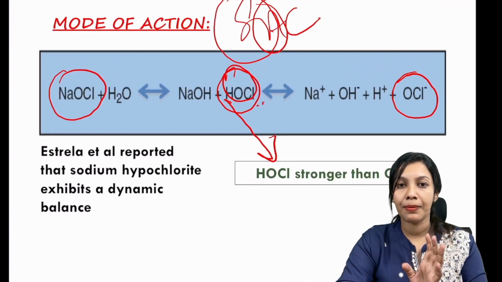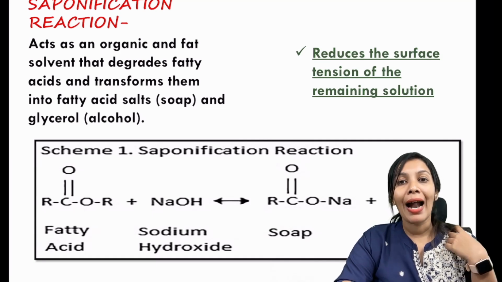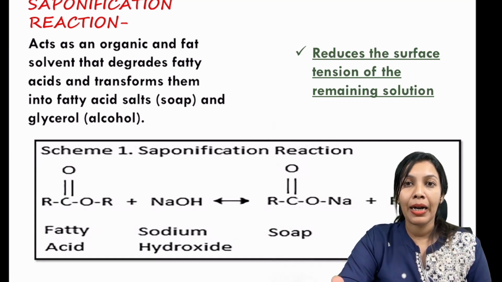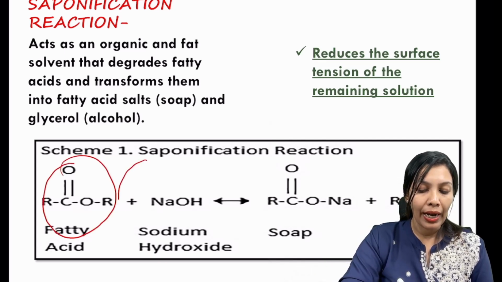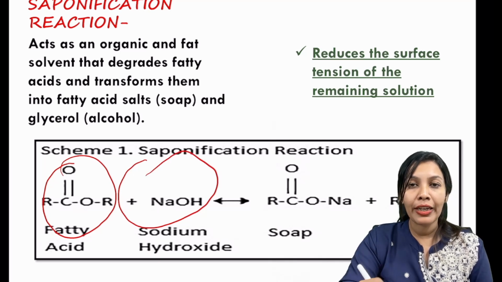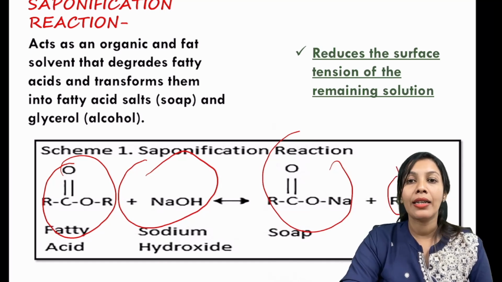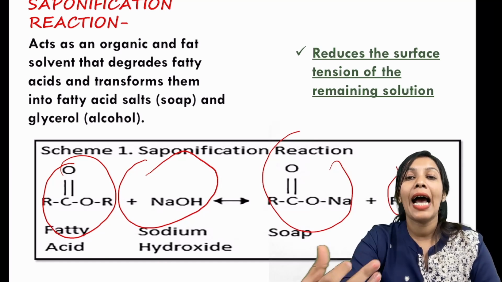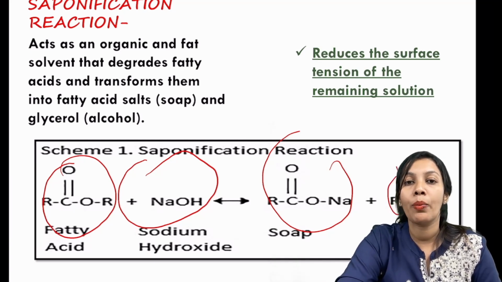Keep in mind, first is the saponification reaction. Saponification means the fatty acids present in the pulp or the microorganisms react with sodium hypochlorite and form soap and glycerol, that is alcohol. So it acts on the organic material, the fat particles, and converts them into soap and glycerol.